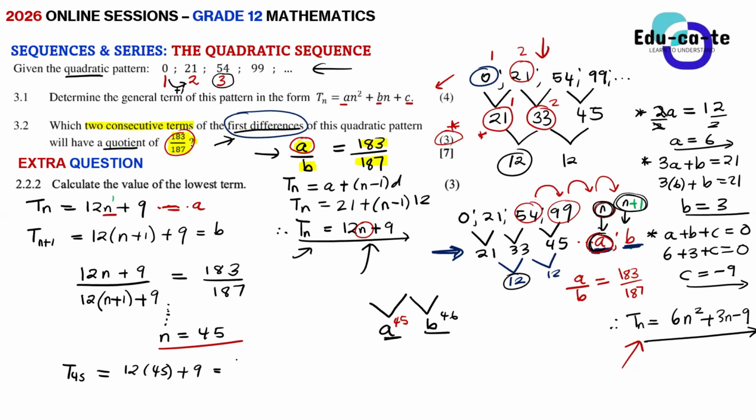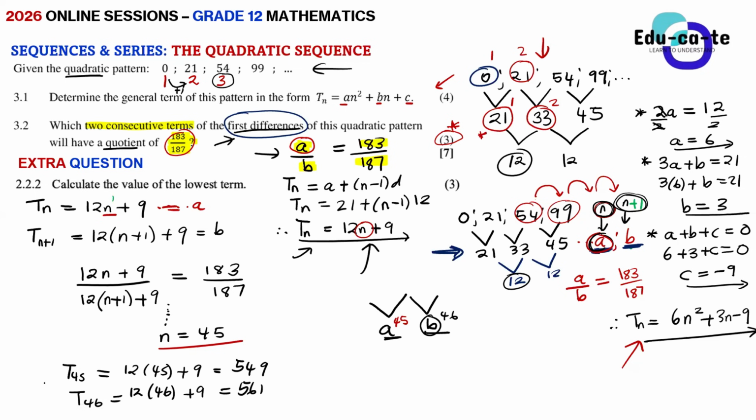Then term number 46 must be the next term, which is our term B in this case. It must be in position number 46, all right? So you're just going to substitute 46 where there is n. So this is 12 times 46 plus 9. What is 12 times 46 plus 9? 561.